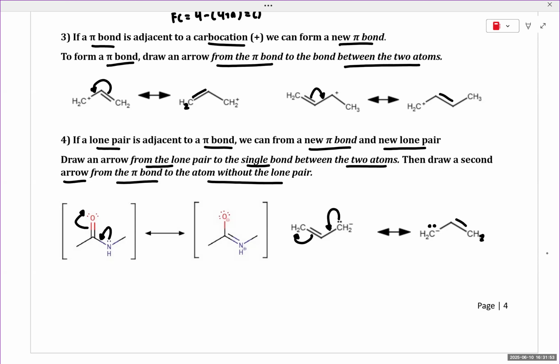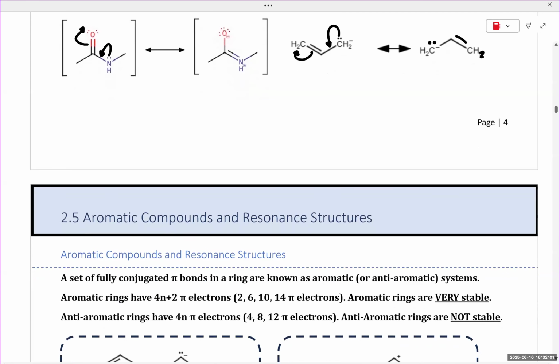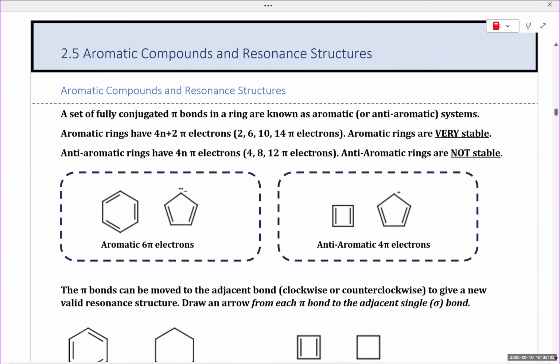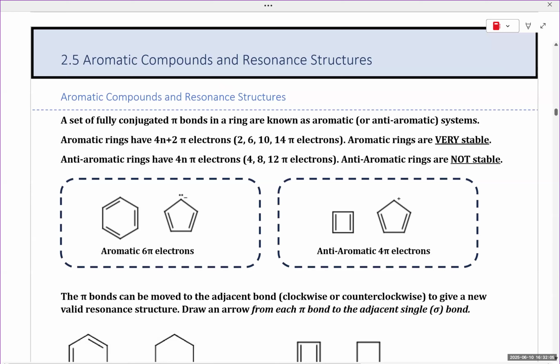Okay, so we've discussed the common arrow pushing steps to draw valid resonance structures. Let's talk now about a special subclass of compounds known as aromatic compounds and how to draw resonance structures for aromatic compounds. So a set of fully conjugated pi bonds in a ring are known as aromatic or anti-aromatic systems.